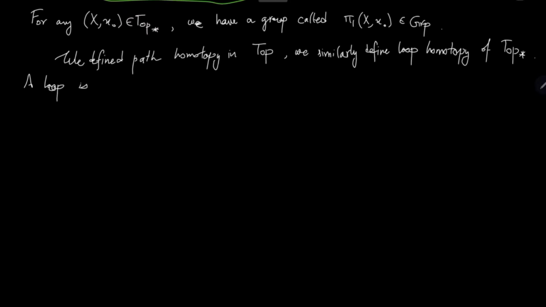A loop is a map from a circle to this pointed topological space, such that L of zero... okay, let's throw that out.